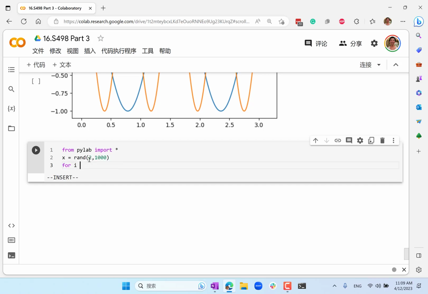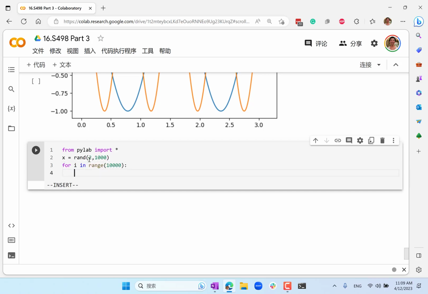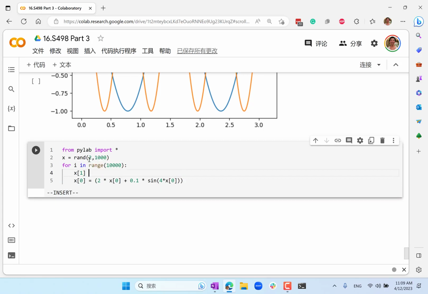We take 10,000 iterations, and the unstable dimension is going to be the same as before, 2 times x plus 0.1 times sine of 4 times the unstable dimension. So that's the perturbation we are putting. And the stable dimension is equal to the stable dimension divided by 2. So we're contracting by a factor of 2 in the stable dimension.